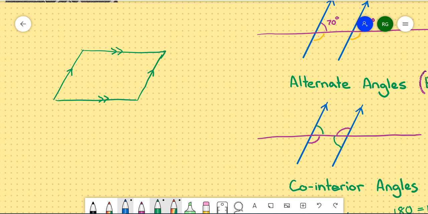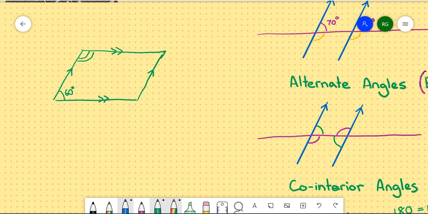So the top and bottom I have as a double arrow, and the left and the right I have as a single arrow. Now, if I was to give you the information that this corner was 60 degrees, can I work out what this angle is?